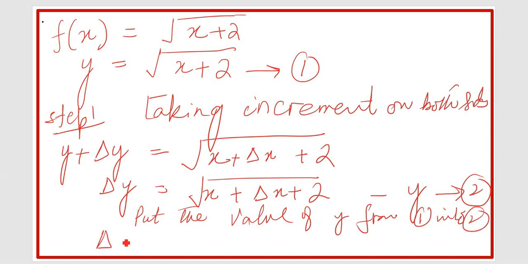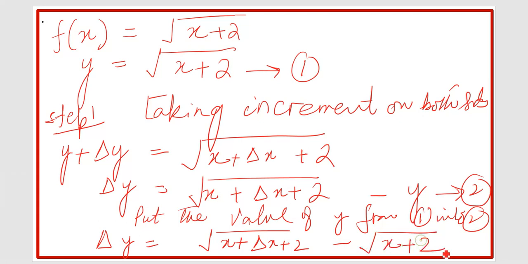So our equation will be delta y is equal to square root of x plus delta x plus 2, and instead of this y, I will write down square root of x plus 2. And here my first step is finished.